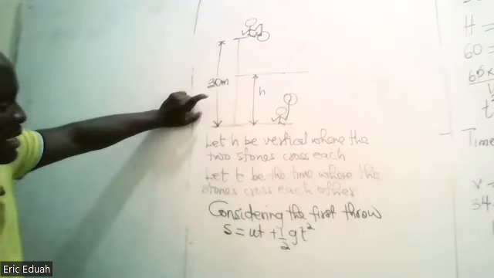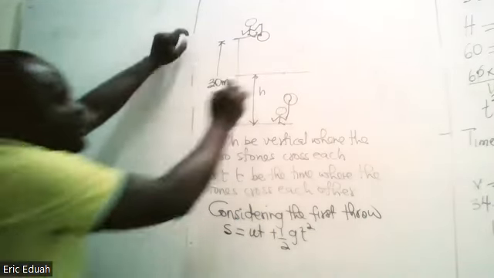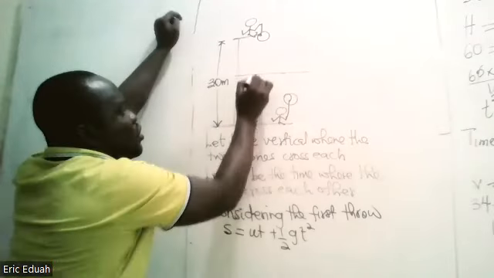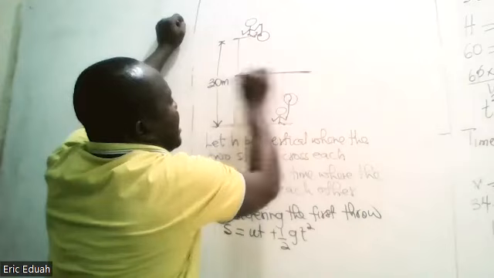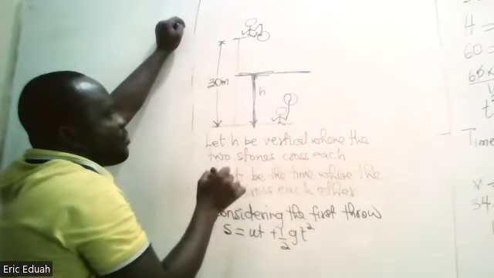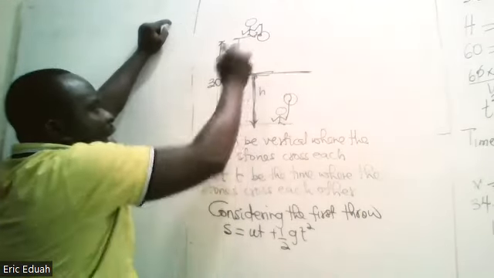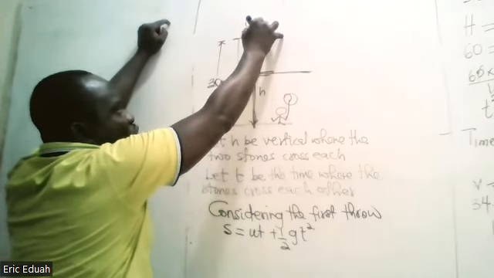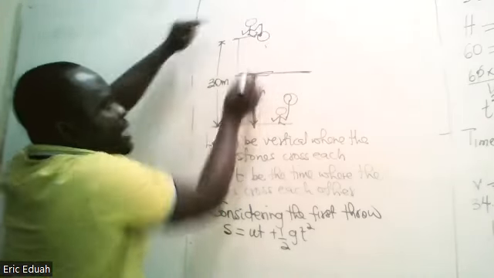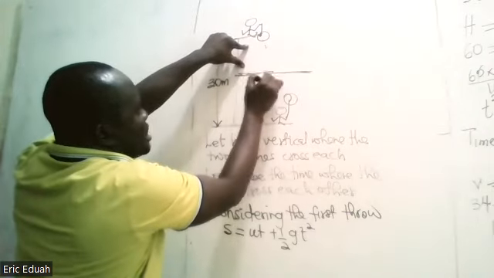What will be s? We are saying that the two stones cross each other at vertical height h. They will cross each other here.